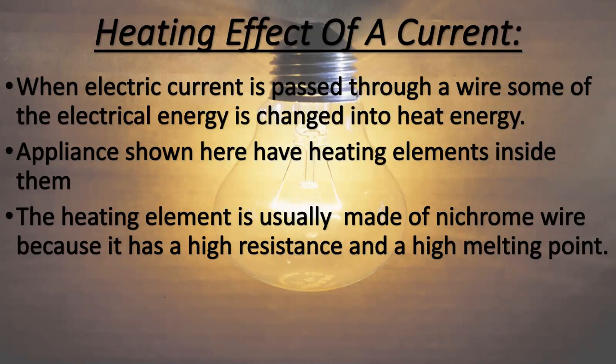The law of conservation of energy is that energy can neither be created nor destroyed. It changes from one form to another. During this change, some of the energy is lost as heat energy.